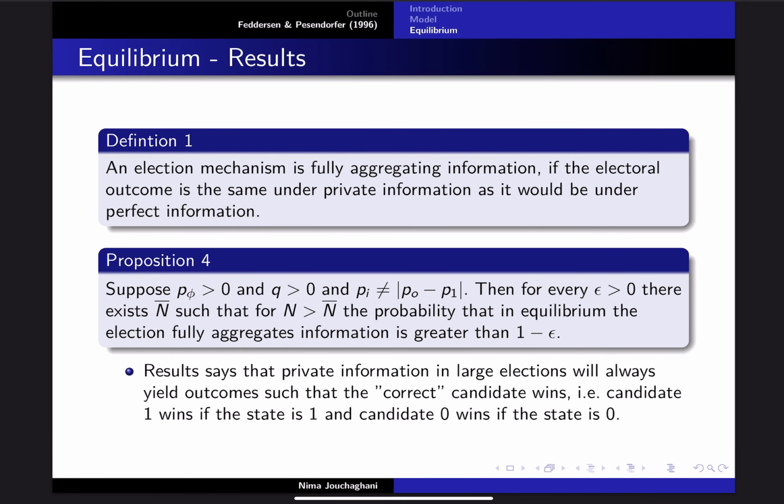So this is a side result, which is also quite interesting. Think about a government which is thinking about whether it should make the uninformed independent agents into informed independent agents by education, by informing them, and so on.